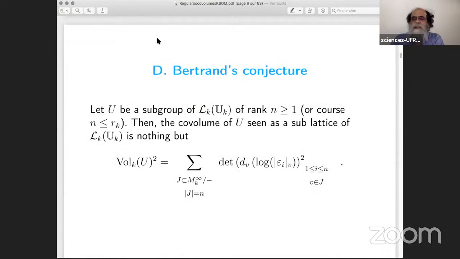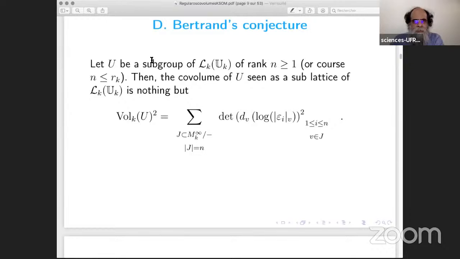Okay, so now I discussed Daniel Bertrand's conjecture. So you fix a subgroup, and you assume that the rank is bigger than 1, and of course less than Rk. And you use this determinant, and you use the Cauchy-Binet formula. So you sum over all the minors of cardinal n of the same thing that we used for the discriminant.